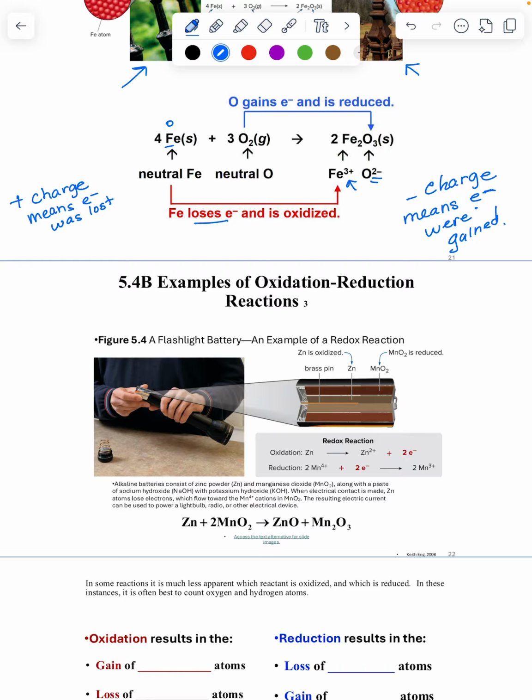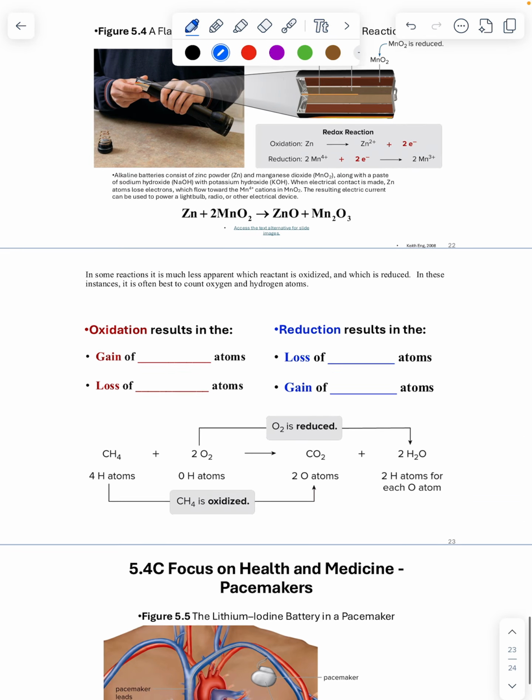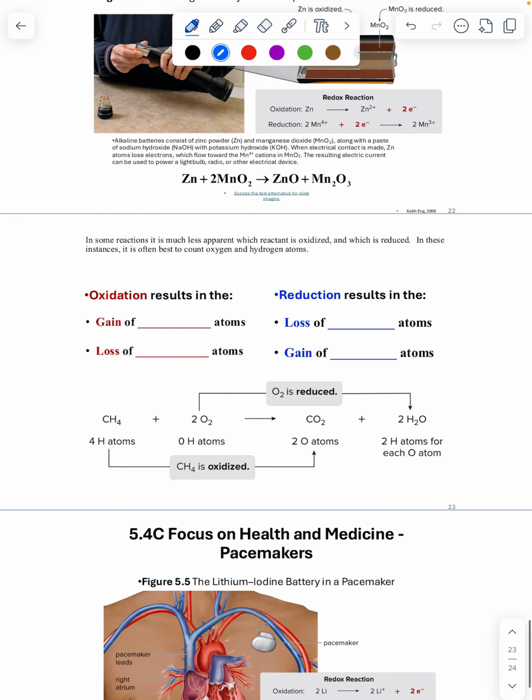All right, let's recap what we've learned here. Oxidation results in the gain of oxygen atoms. Instead of just looking at charges, some reactions are a little bit harder to determine what's being oxidized and what's being reduced, and this will help you with those types of reactions.